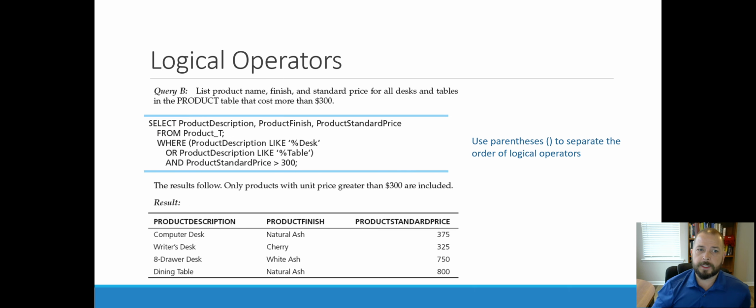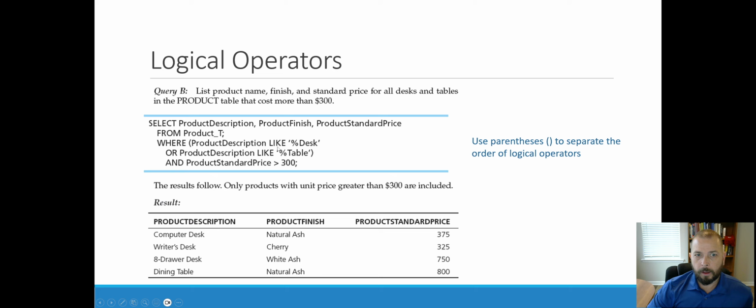Now you can force these. If we wanted to force how this logical operator will work, we can use parentheses to separate how those are evaluated. So in this case, the same statement as before, we're just adding these parentheses into our statement.